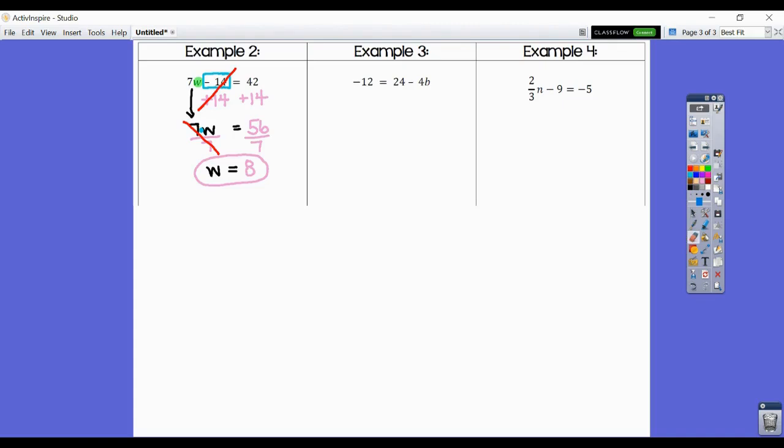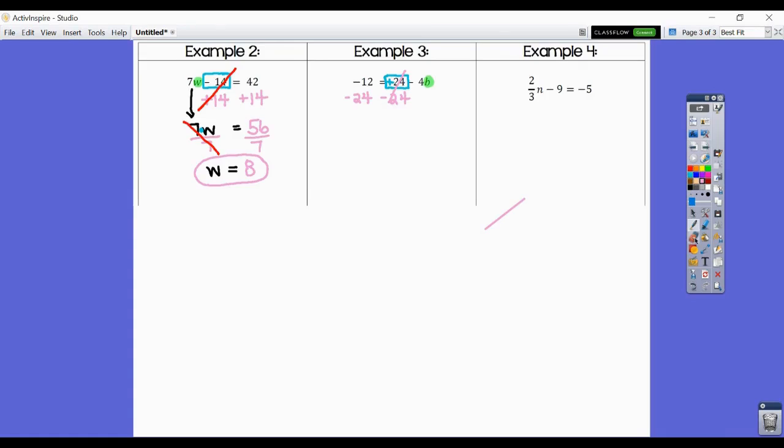Over here for example number 3, same thing, locate the variable first. Then I'm going in reverse order of operation, getting rid of my 24. Now, there is no sign in front of the 24, so we know it's going to be a positive 24. So when I'm thinking about the opposite operation, the opposite of addition is subtraction. So I will subtract 24 on each side.